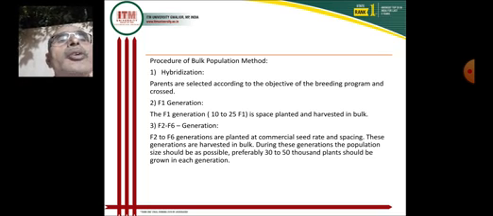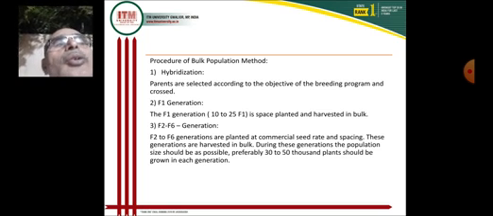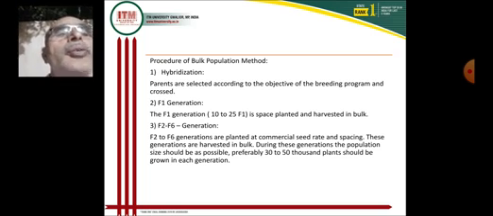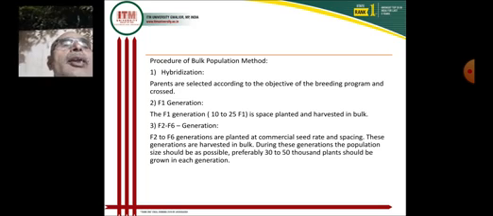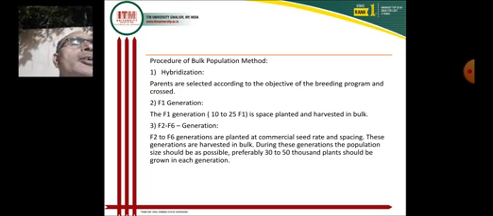These agronomically adapted varieties have most of the desirable characters, but there is a difference in one variety, which is a defect, and this defect is corrected by hybridization, by transferring the gene or by recombination of the genes. Parents are selected according to the objective of the breeding program and crossed together.